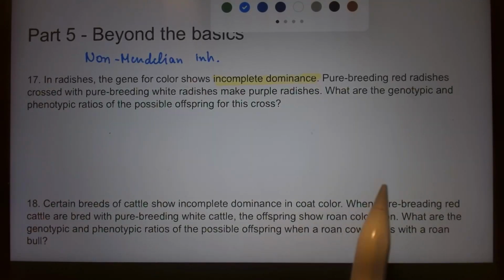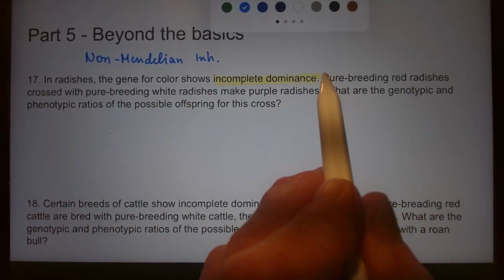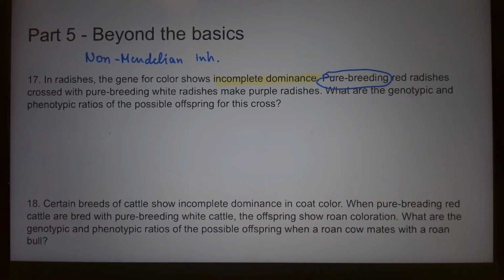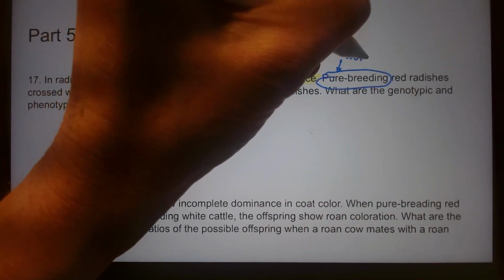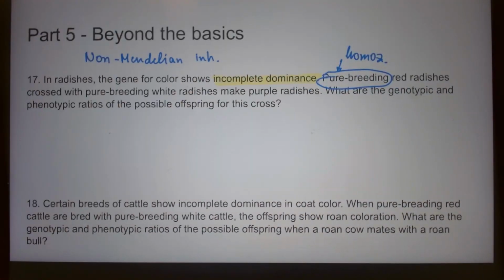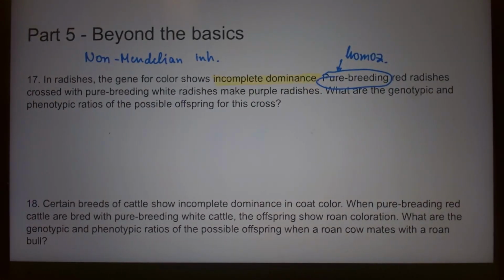We will see how it goes. When you see pure breeding in a text, that means they are homozygous for that trait. Pure breeding red radishes cross with pure breeding white radishes, and they make purple radishes.